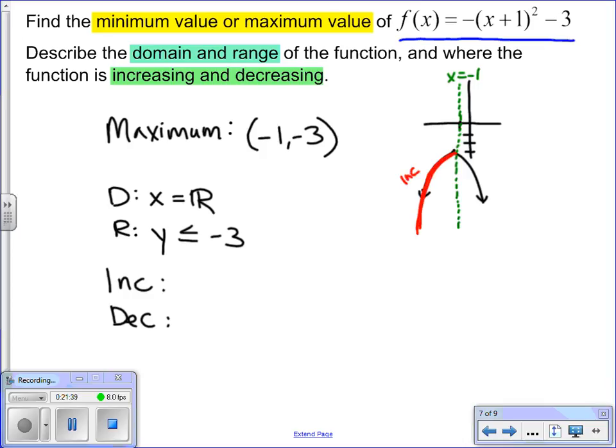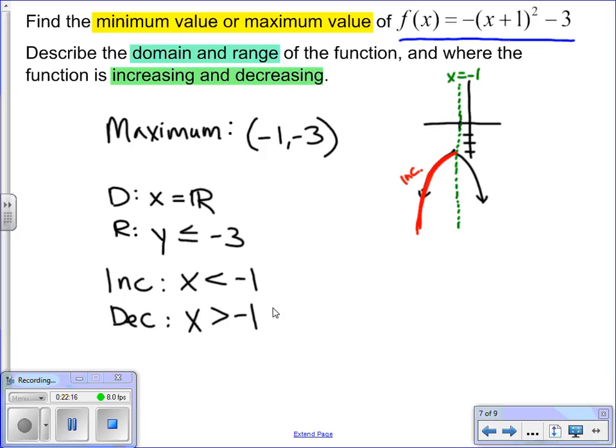Increasing. So it's increasing when x is less than negative 1. When it's negative 2, negative 3, negative 4, always the graph is increasing. Then, at negative 1, it turns around, and after that, it starts to decrease. So for the decreasing interval, we can say for all x's greater than negative 1.